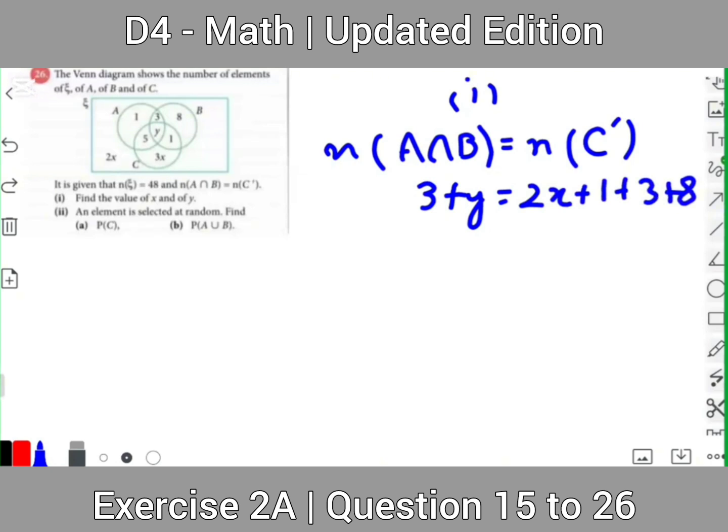And after simplification, we will get 3 plus y equals 2x plus 12.